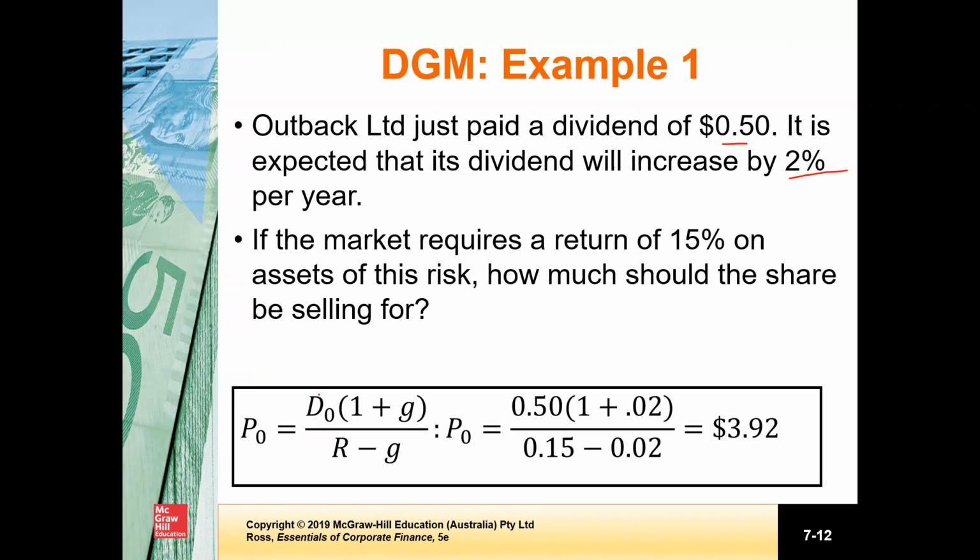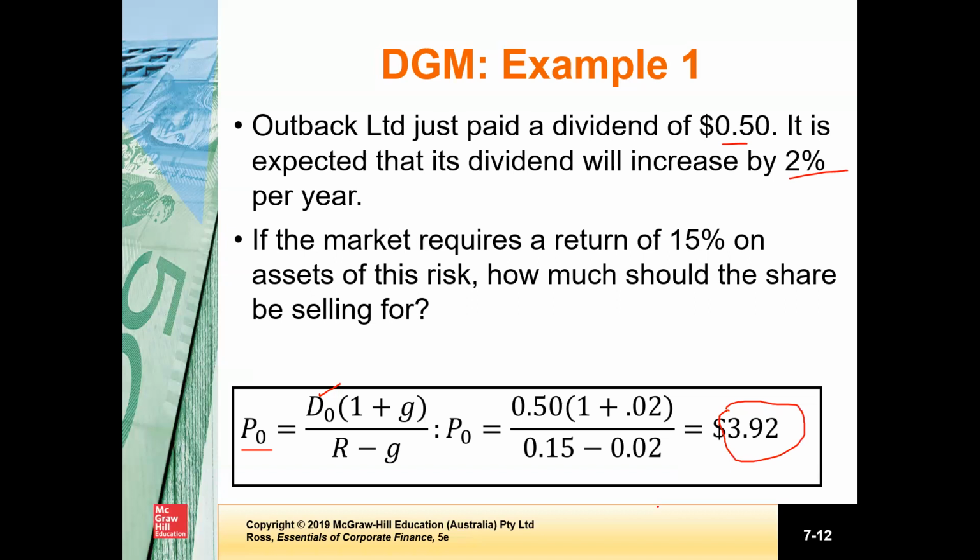So the formula is P0 equals D1 over R minus G, where D1 is the dividend you are expecting next year. That is D0, the current period dividend, times 1 plus growth rate. Current dividend is 0.5, growth rate is 2%, then R minus G is the required rate of return minus the growth rate, and you can see that it's 3.92.